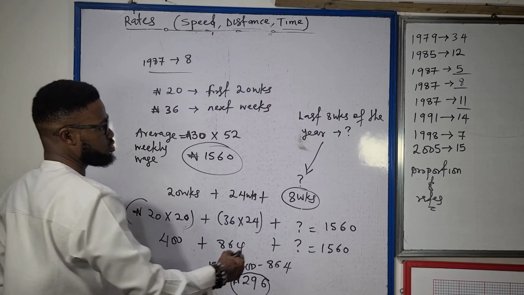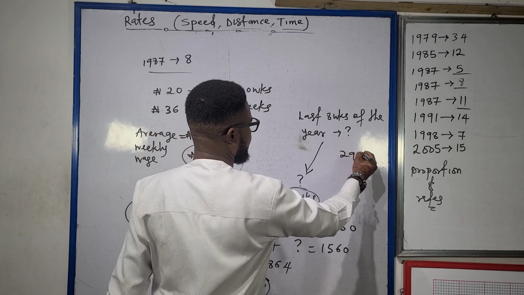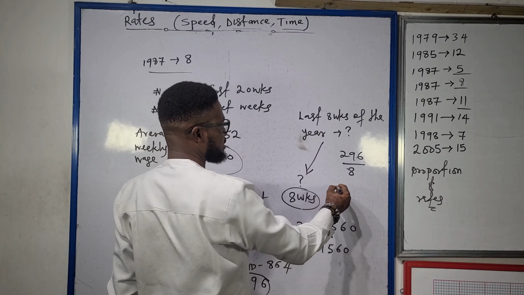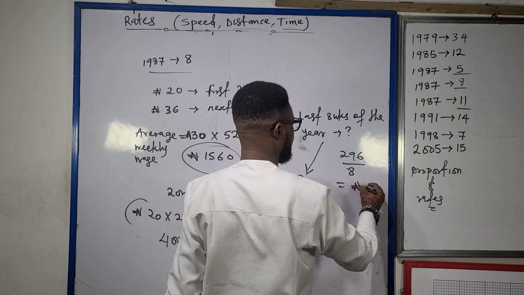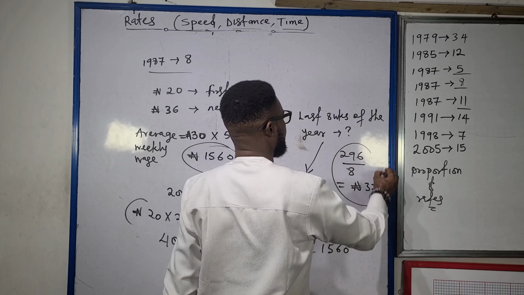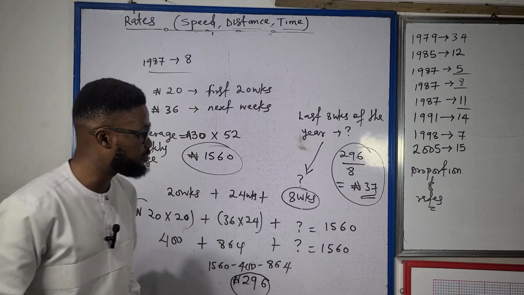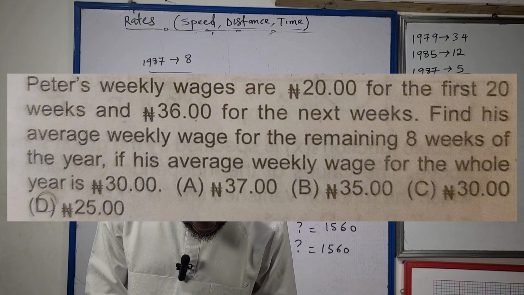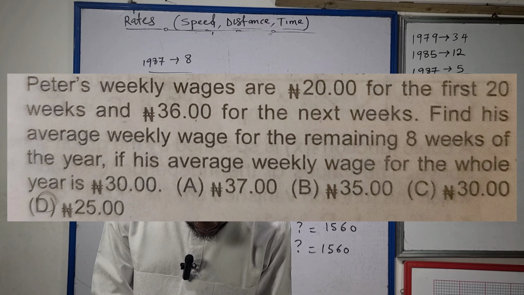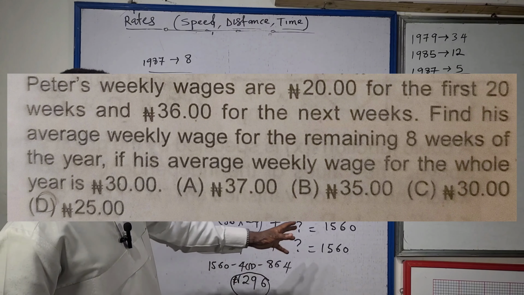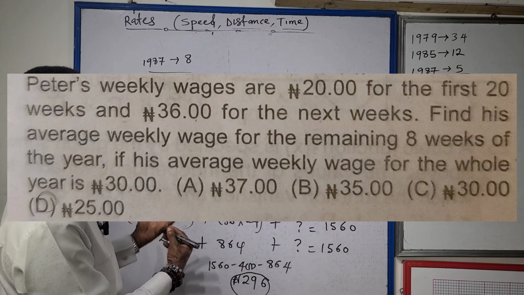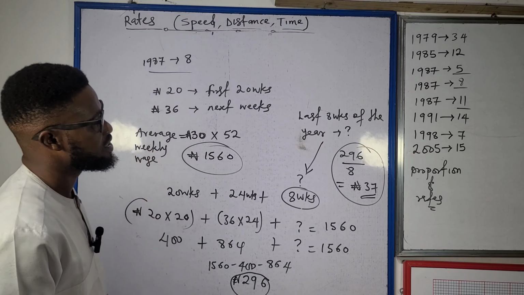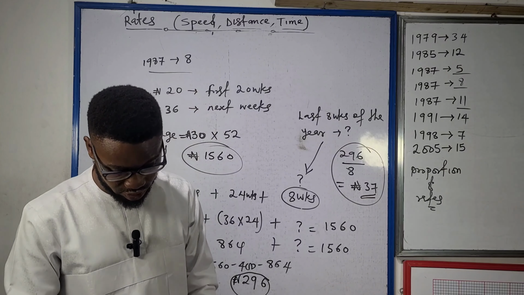So 296 divided into 8 weeks gives us 37 naira. If you look at the options very well, you'll see that this is option A. This is just a case of average and looking at the rate and all of that. So that answers 1987 question 8.